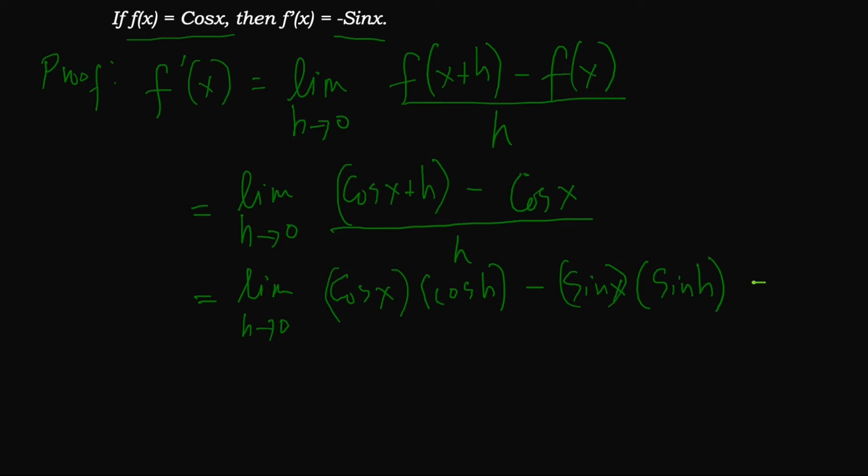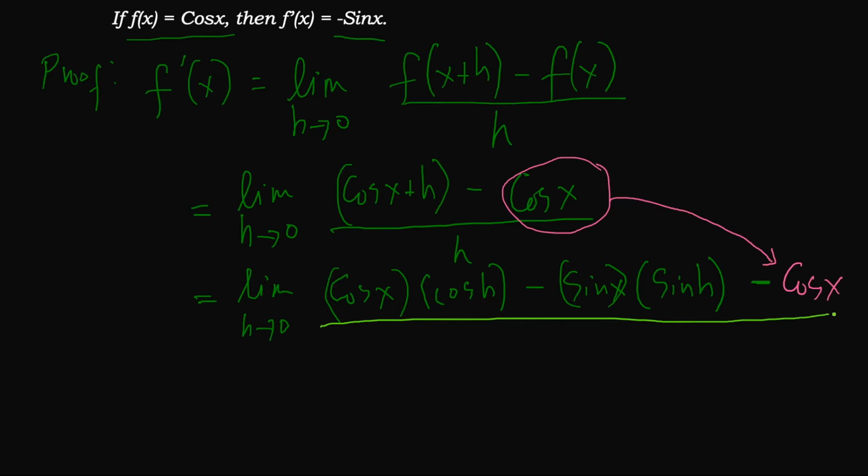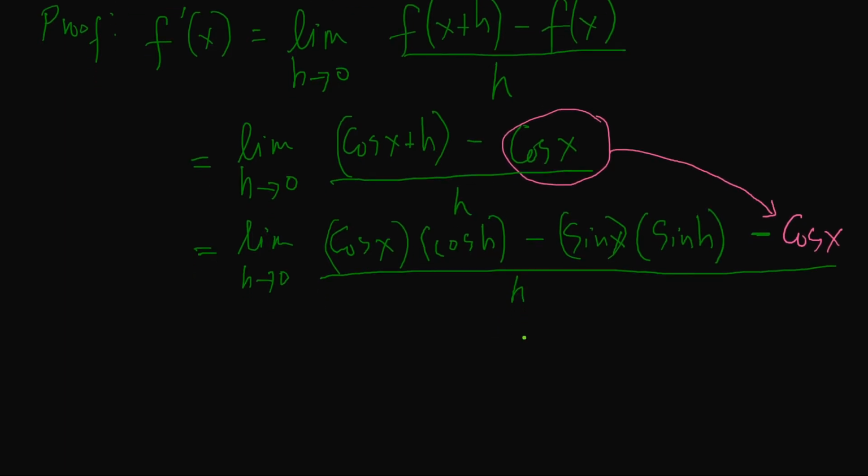And then in the last part, I will change the color so that you can identify that our last term here, we still have cosine of x, and this cosine of x came from this original value of f of x, and this part here is just the expansion of cosine of x plus h. Do not be confused. This whole expression will be divided by our common denominator, which is h.